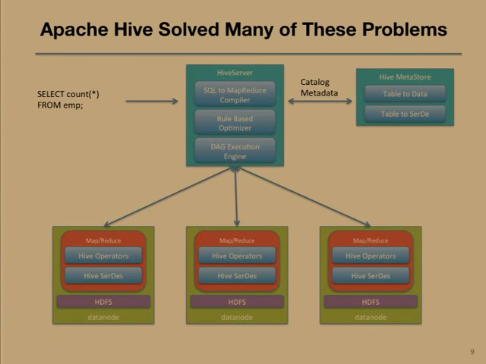But the data, as it's read off of HDFS, is filtered through one of these SerDes. An example would be a CSV SerDe, or a JSON SerDe, or perhaps an RC file SerDe, which is Hive's columnar format. In this way, it allows you to do something really cool, which people have started to refer to as schema on read as opposed to schema on write.